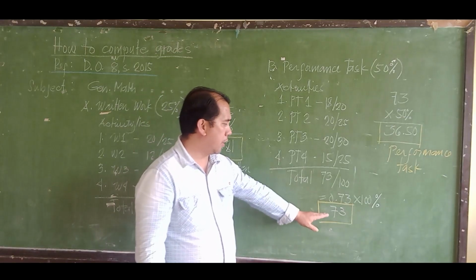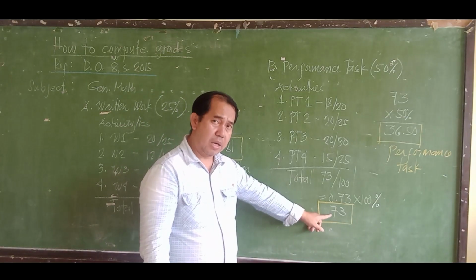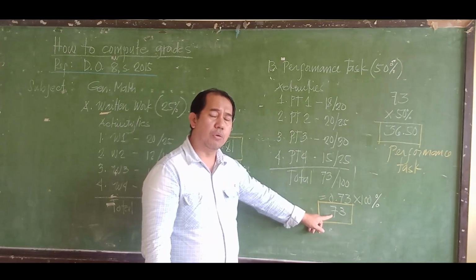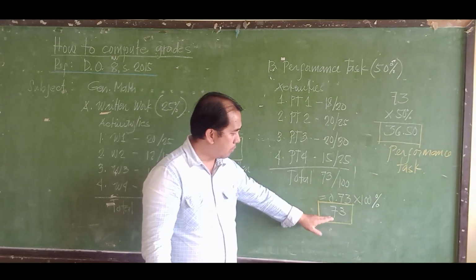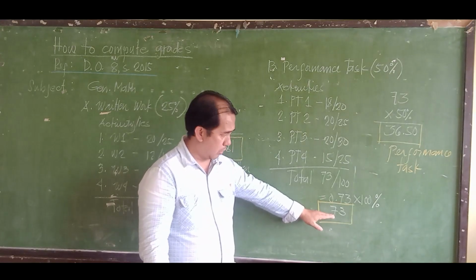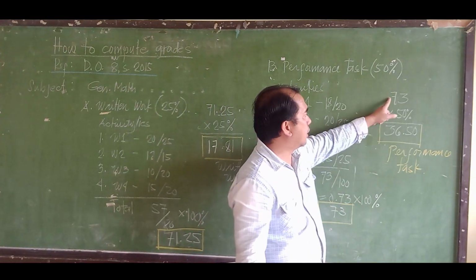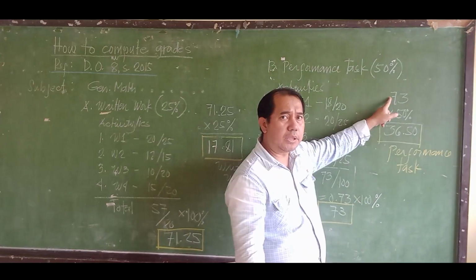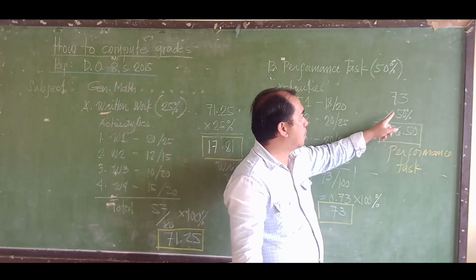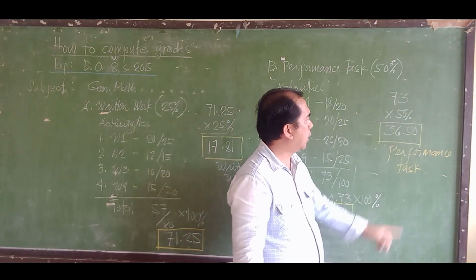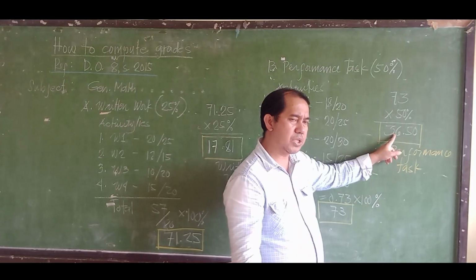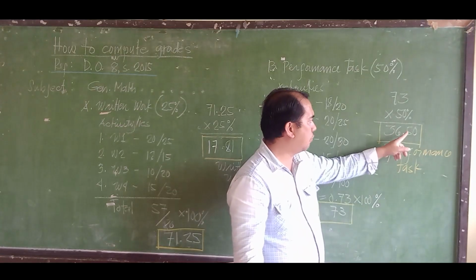Having said this one, we are going to get the 50% of the performance task from this one. So that is the same as saying 73 times 50%. It will give you 36.50.